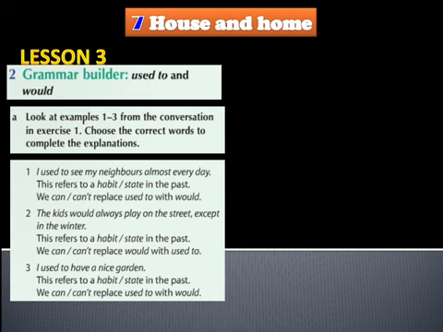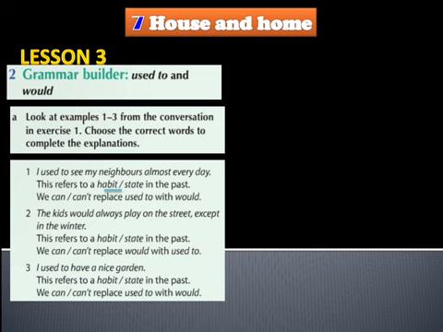Look at examples 1 to 3 from the conversation in exercise 1. Choose the correct words to complete the explanation. We are still on page 62. Here we use habit.